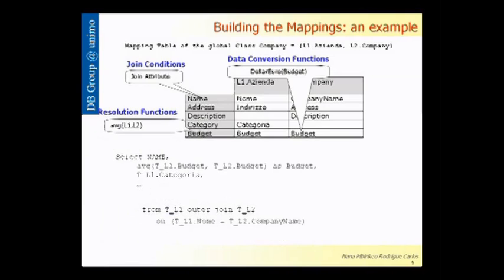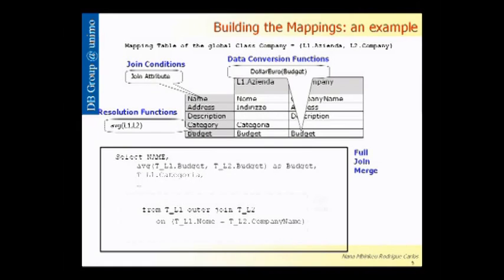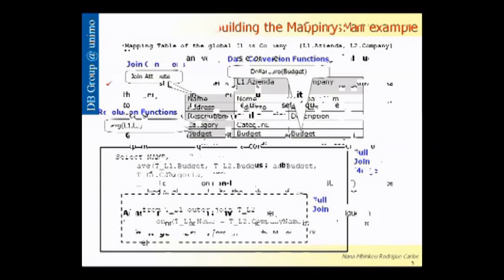Finally, we have to define a resolution function, for example AVG, where we calculate the average value from all values coming from different local sources. For the whole process to obtain the unified answer, we define the Full-Join image. Our work consists of how to answer a query expressed on the global schema.